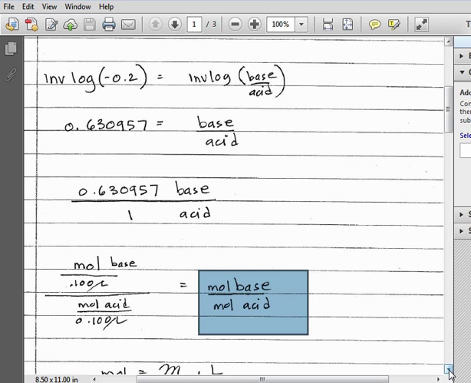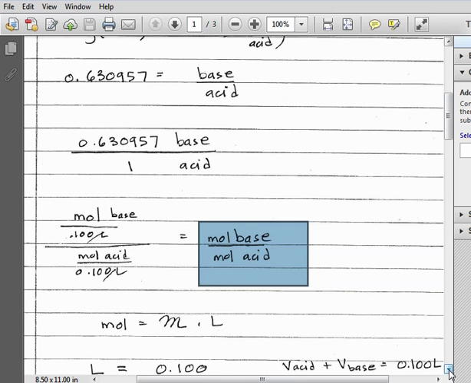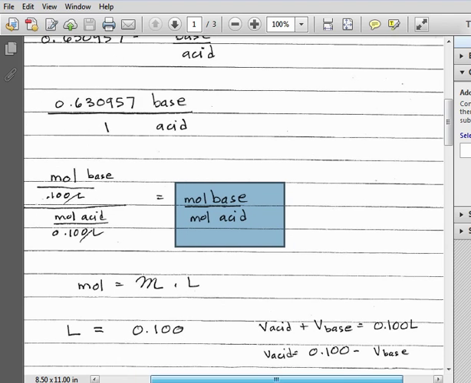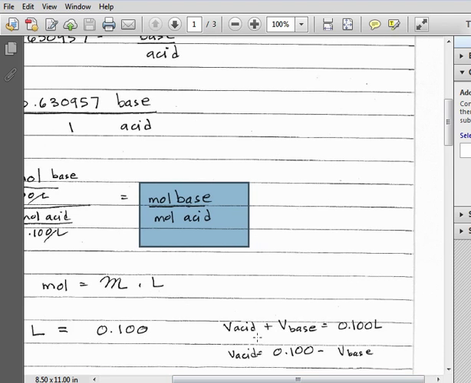All right, now I want to remember that in solution, my moles is equal to molarity times liters. And I know that my overall volume is going to be 100 milliliters or 0.1 liters. And I know that my volume of the acid plus the volume of the base has to equal 0.1 liter.